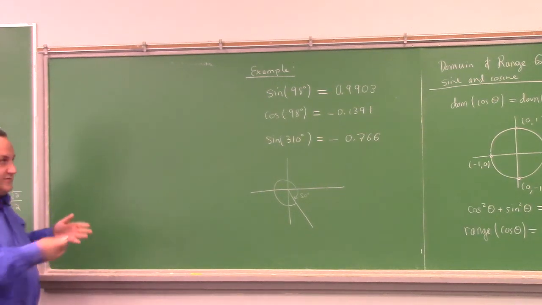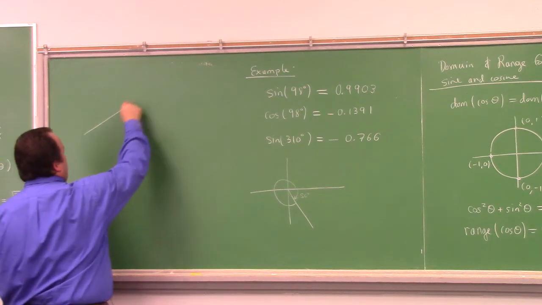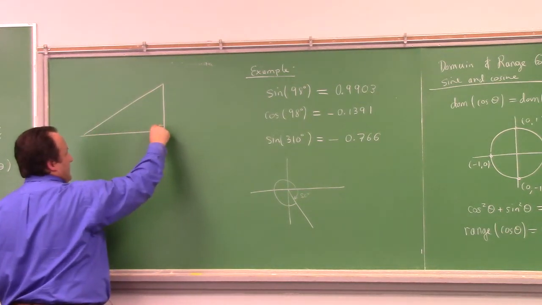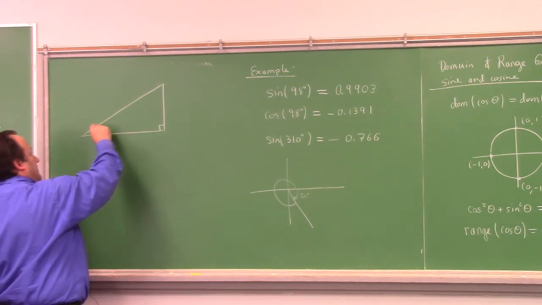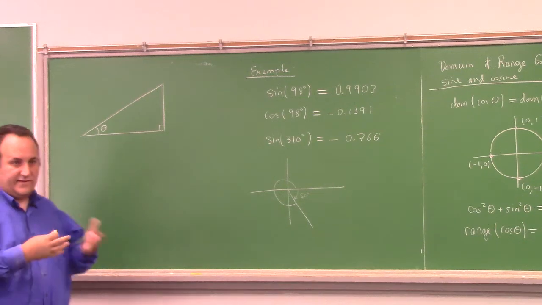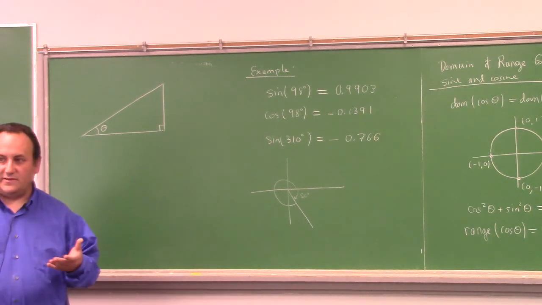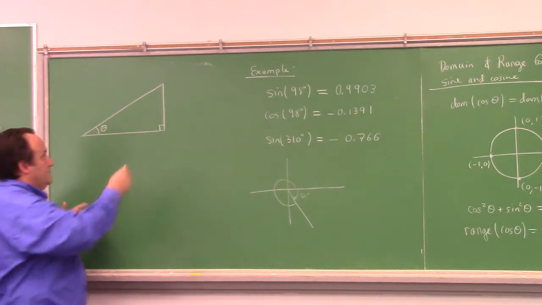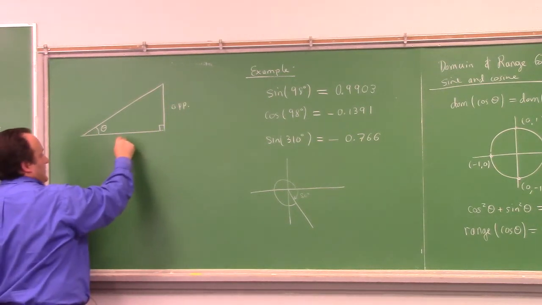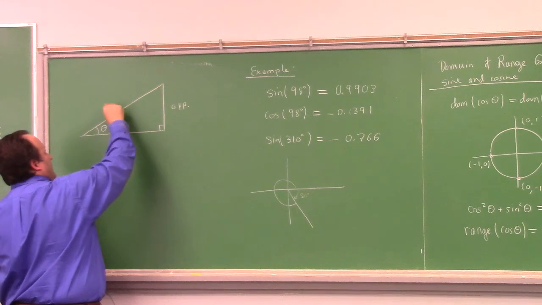Right triangle trigonometry you probably recognize from high school. You look at a right triangle, and one of the angles is right. You call the other angle theta, wherever it is. The relation of the sides to the angle are typically labeled opposite, adjacent, and hypotenuse, like here.